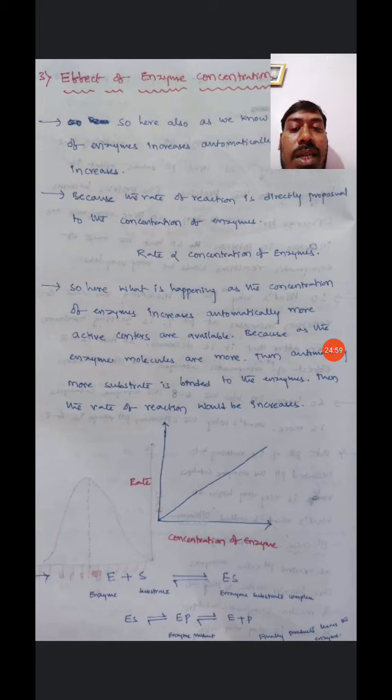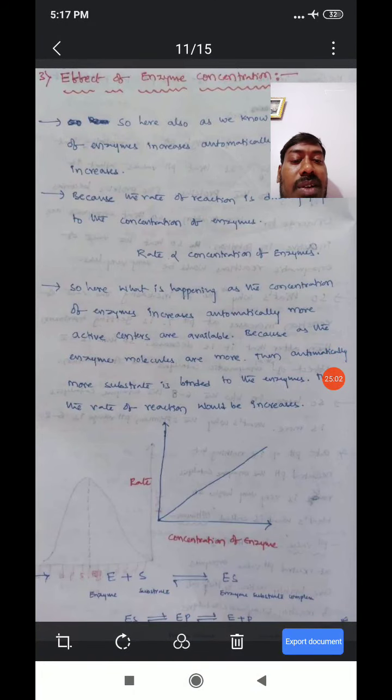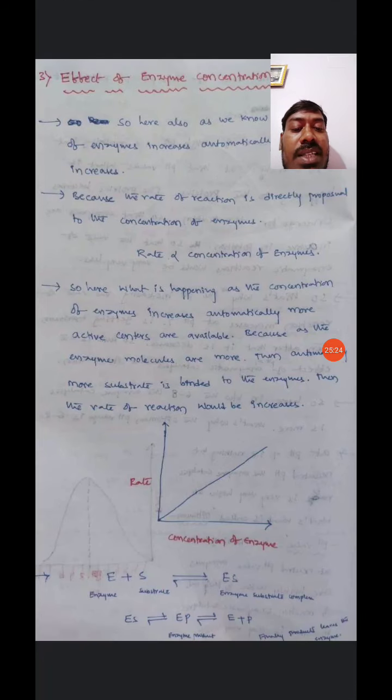As the concentration of enzymes increases, more active centers are available, because as the enzyme molecules are more, automatically more substrate is bound to the enzymes. So the rate of reaction increases.